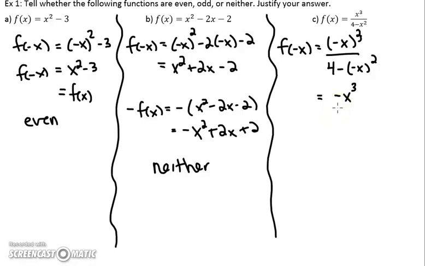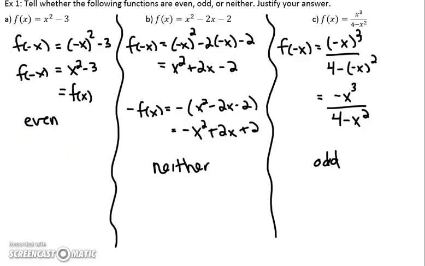Negative x times negative x is positive x squared times negative x is negative x to the third. Over 4 minus negative x quantity squared is just x squared, so 4 minus x squared. So we know it's not even because it's not the same thing we started with. But if we took what we started with and multiplied it by negative 1, we'd get this, so we actually have an odd function.